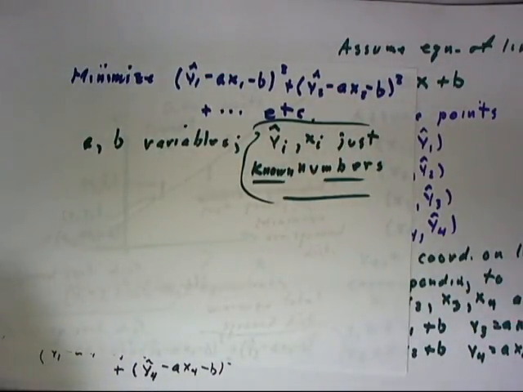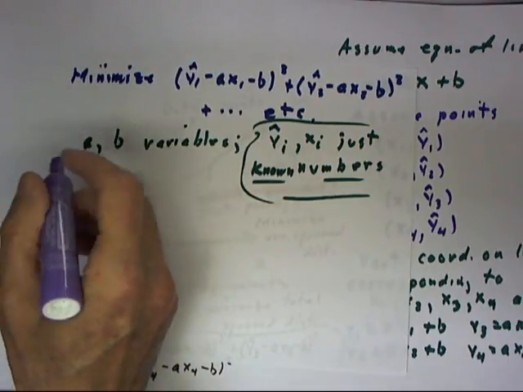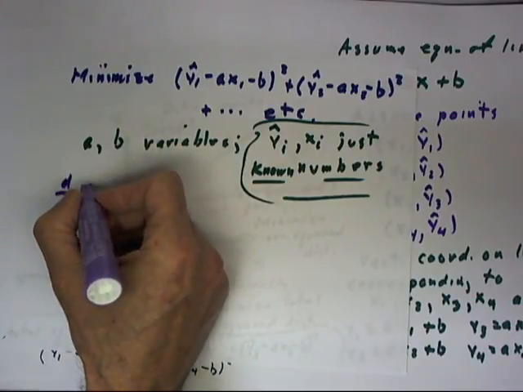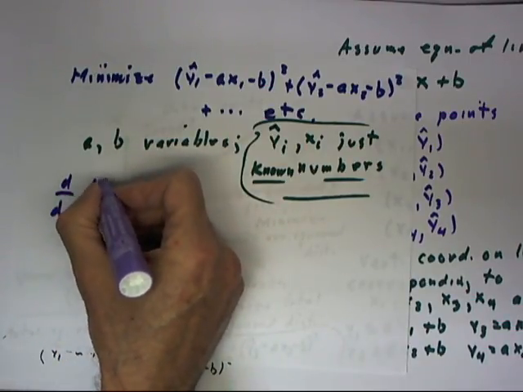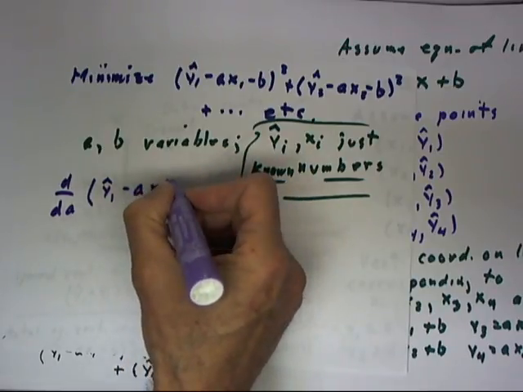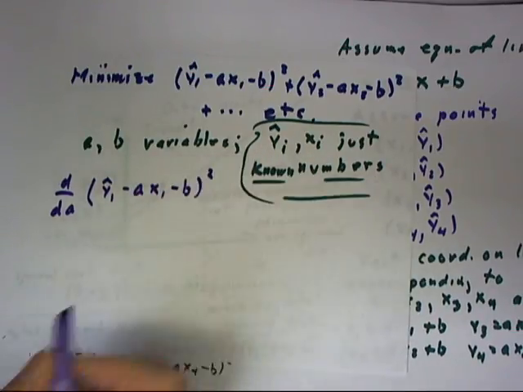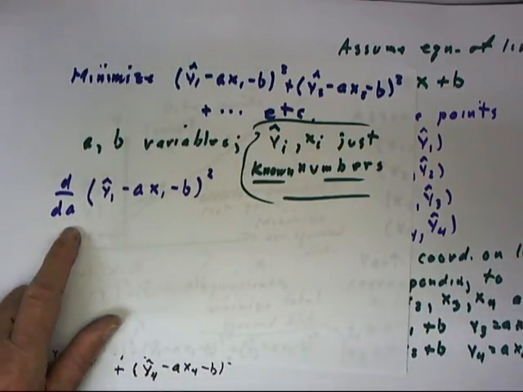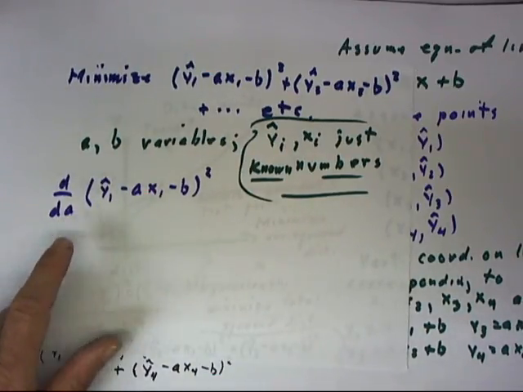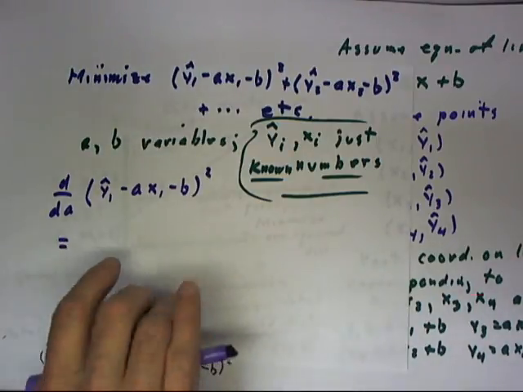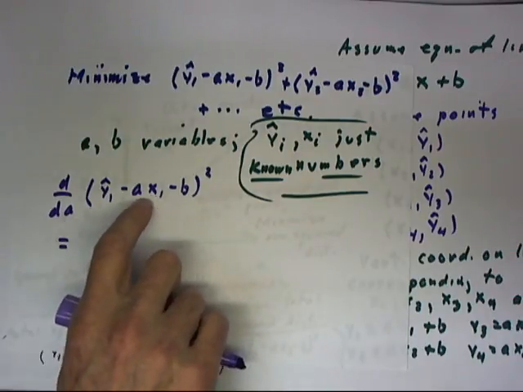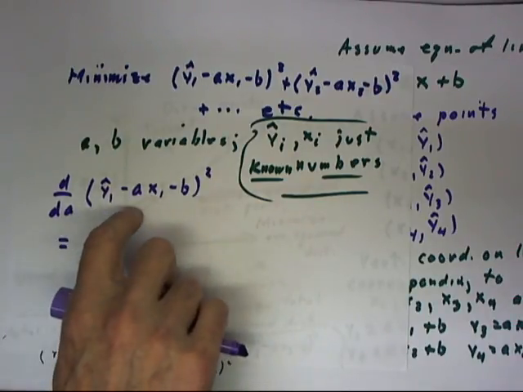Well, let's look at the derivative with respect to a of the term y1 hat minus ax1 minus b quantity squared. What is that? Now, we're not used to taking a derivative with respect to a. We usually have an x or a y or a t or a u or a v or something. But there's no reason a can't be treated as a variable, and we can take a derivative with respect to the value of a.